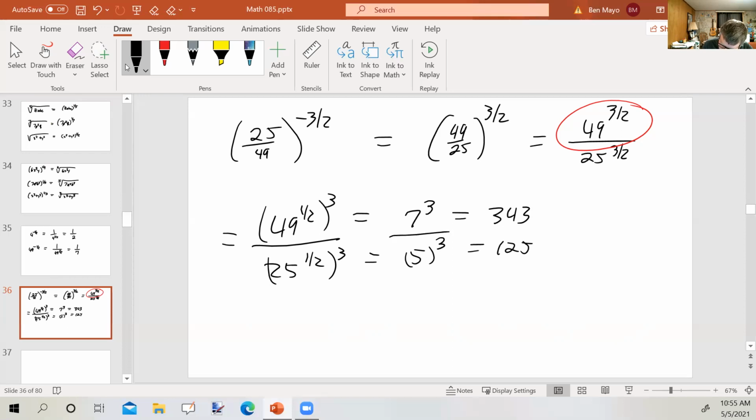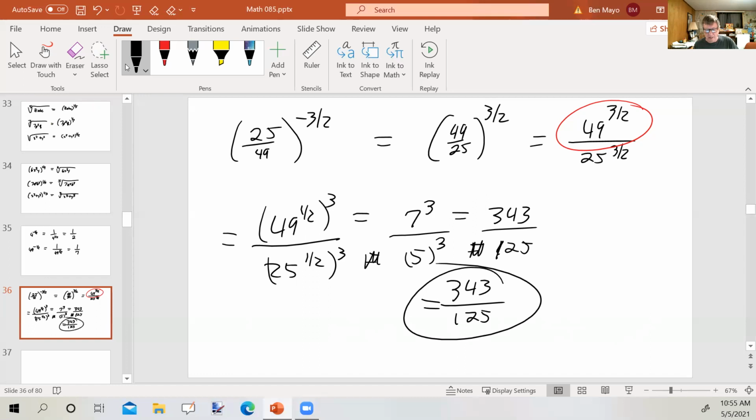So basically, let's write it this way: 343 over 125. 343 divided by 125 would be our final answer. So the key there, we can make this exponent positive by doing the reciprocal of the base.